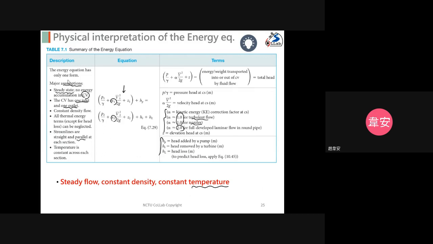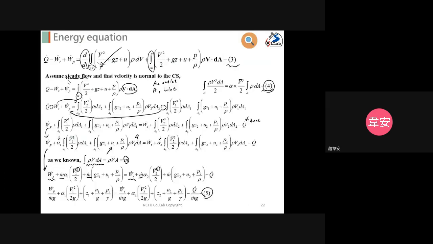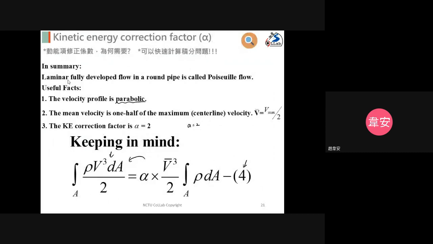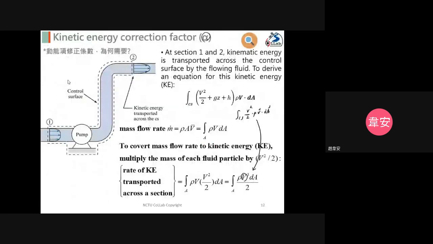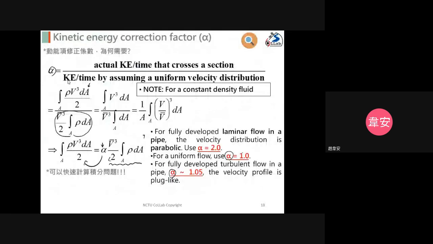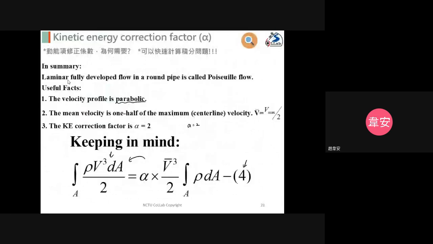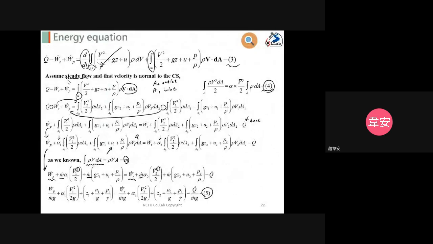If your problem does not satisfy the major assumptions shown here, in that case, you cannot use the energy equation formula shown here. You need to go back to the initial energy equation definition. Okay, the equation I showed here still has the integration items.